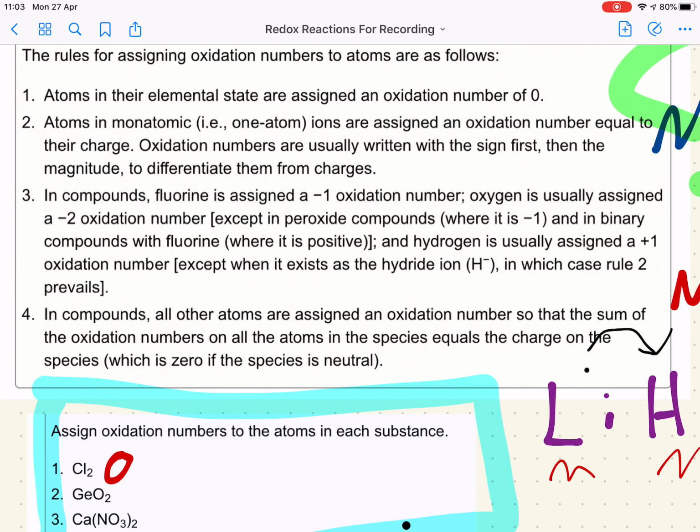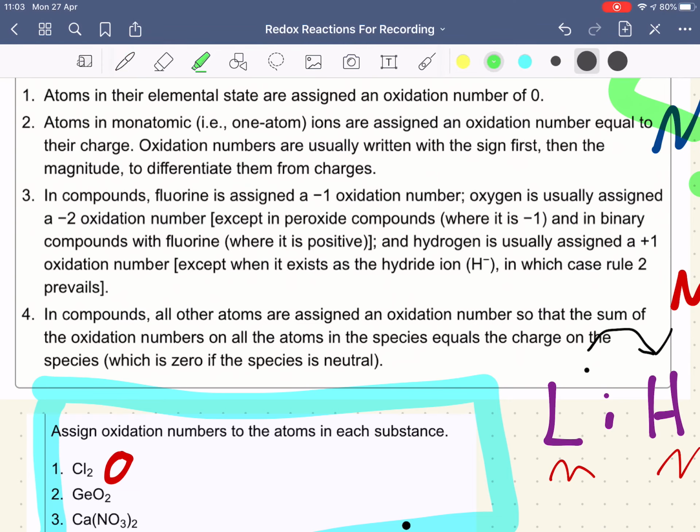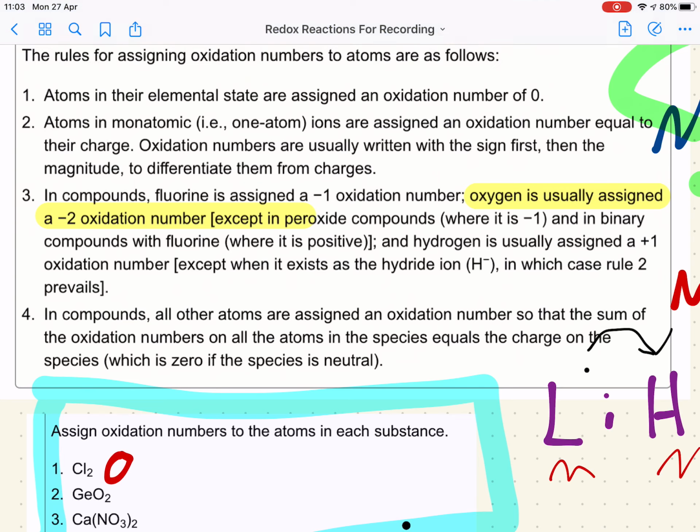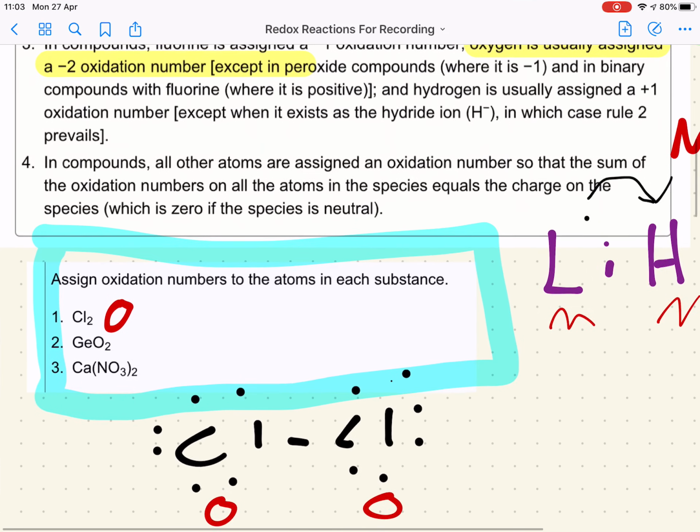For germanium dioxide, you bet there's a rule written about it. Oxygen is usually assigned a -2 oxidation number, except for when it's a peroxide, which is not the case right now. So oxygen is usually -2.